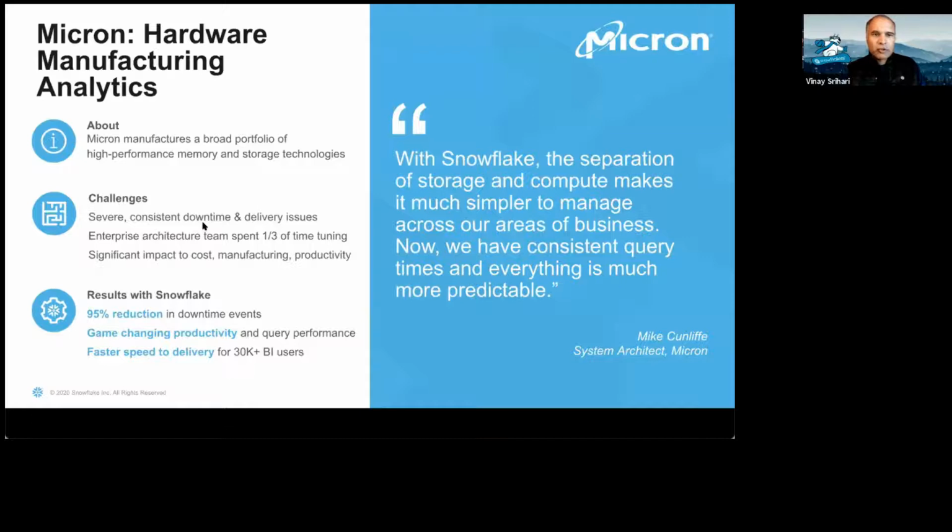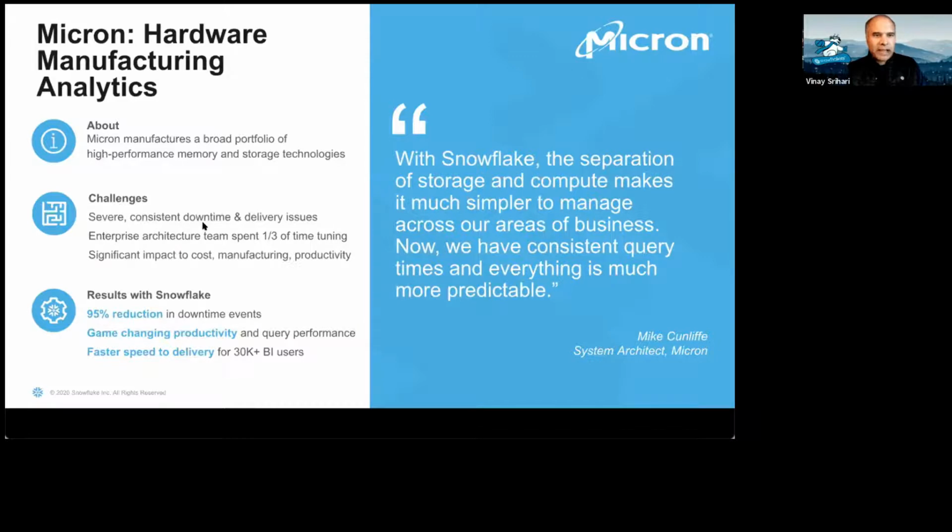They're also highly data-driven. They collect massive amounts of data from all of these processes, and using this data to help their engineers streamline and innovate their own manufacturing process was what they were struggling with. Their constraint was uptime of their platform.